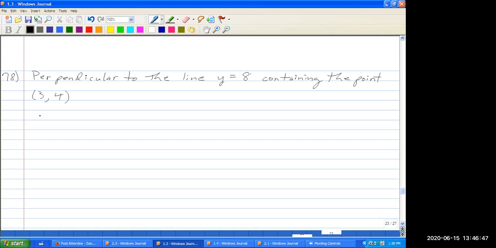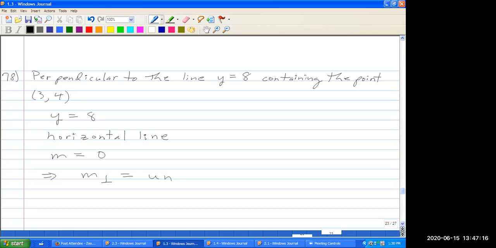Well, y equaling 8 is a horizontal line. The slope of a horizontal line is 0. Its negative reciprocal is undefined.